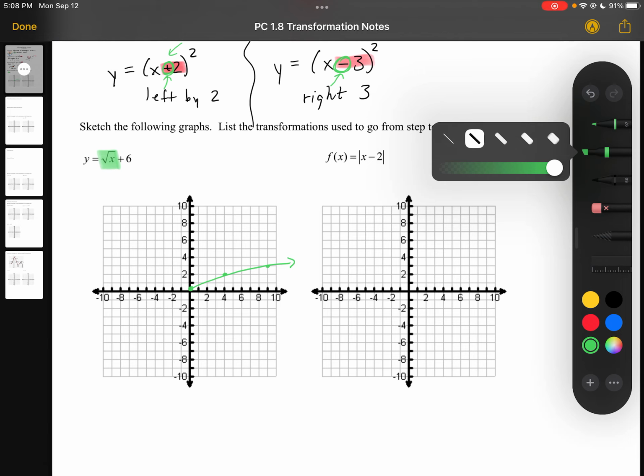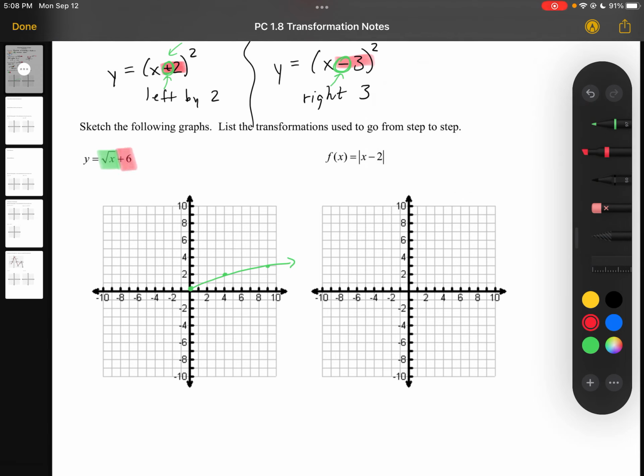And then what happens is we add 6 to it. So when we add 6 to it, what we do is we literally take everything we just graphed and we move it up by exactly 6. And then in red, that's what the graph looks like when it's moved up by 6 units. We'll do a similar thing here for our second one.